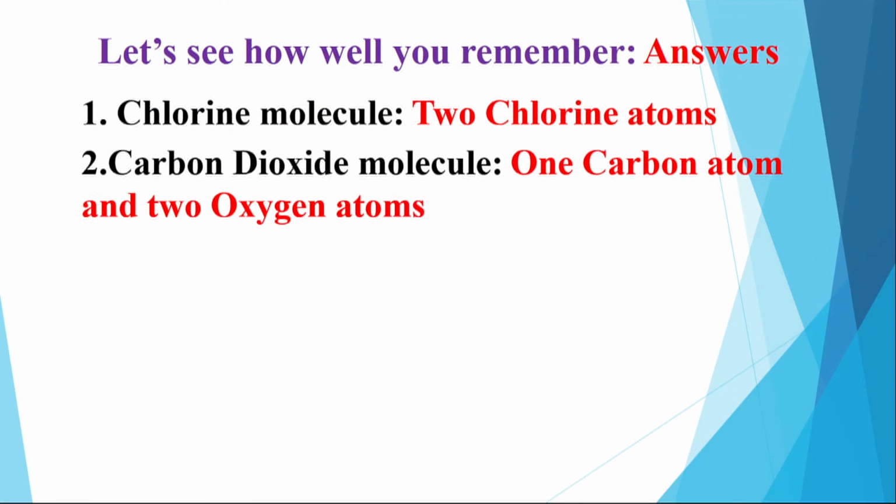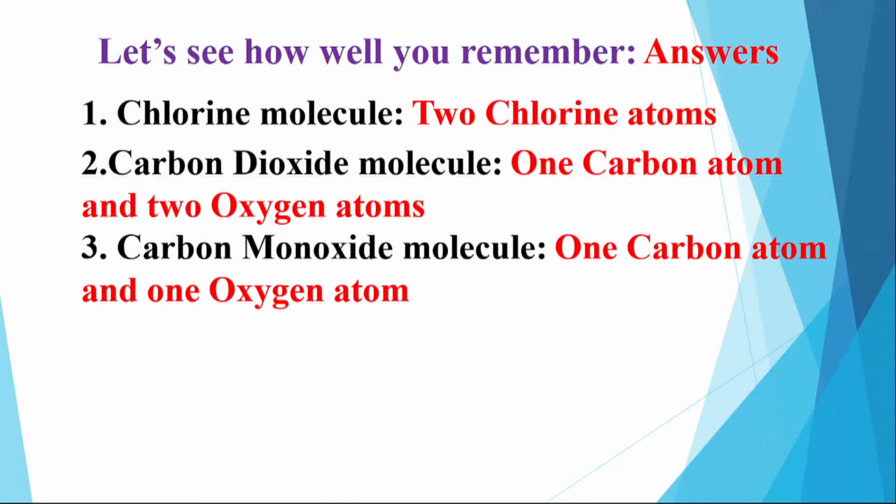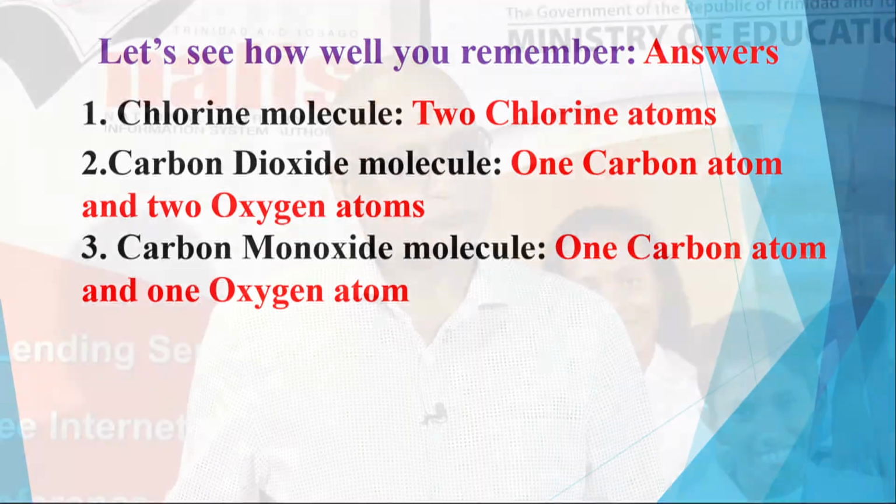Carbon dioxide molecule consists of one carbon atom and two oxygen atoms. Again, you can have a molecule having atoms of different elements. Carbon monoxide molecule, one carbon atom and one oxygen atom. Here again, you have atoms of two different elements.